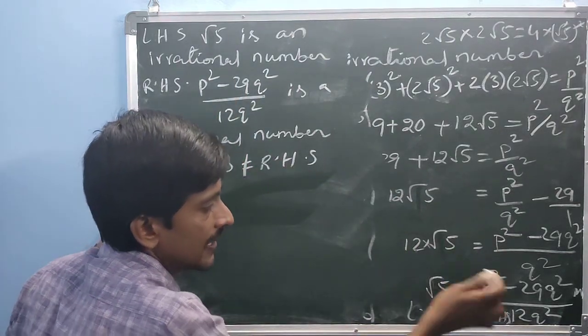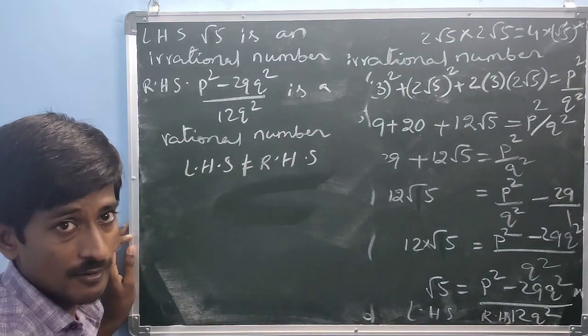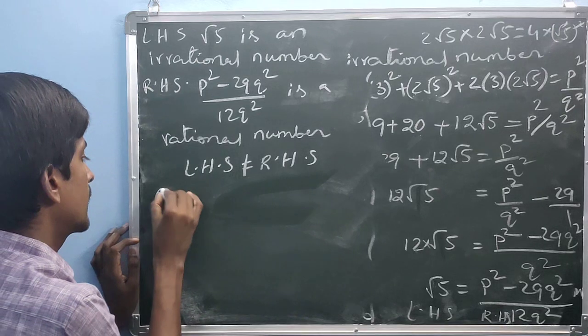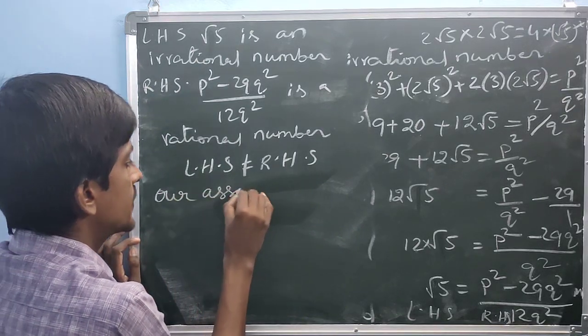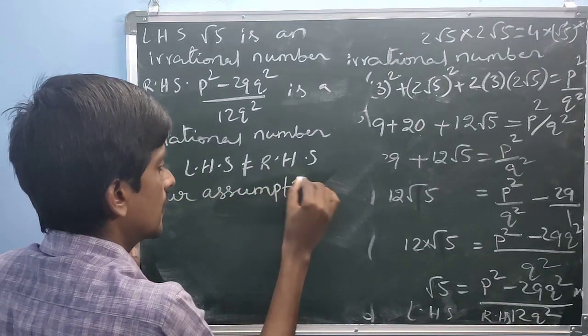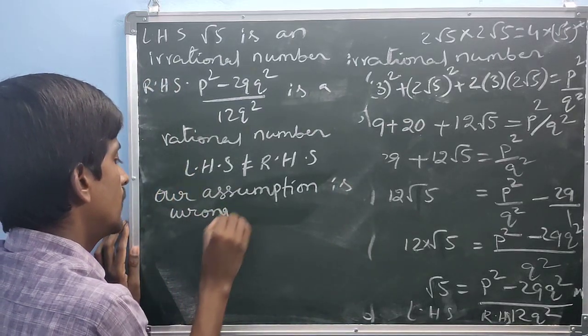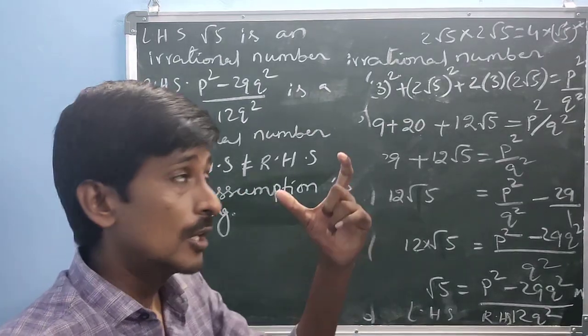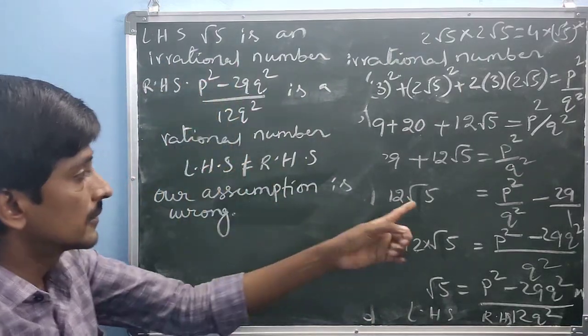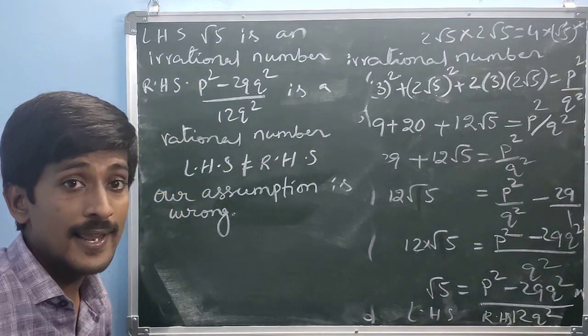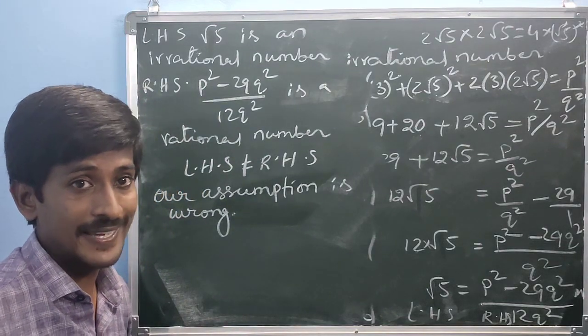But here LHS equals RHS came. Why? It means our assumption is wrong. What is our assumption? That 3 plus 2 root 5 is a rational number, which we took.